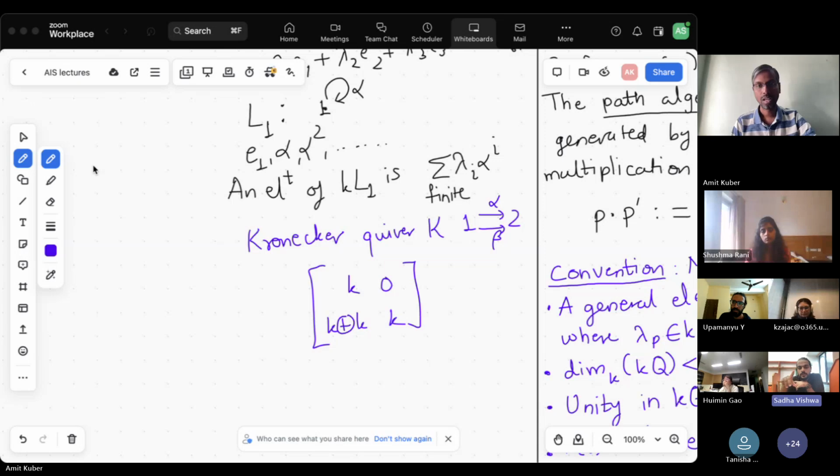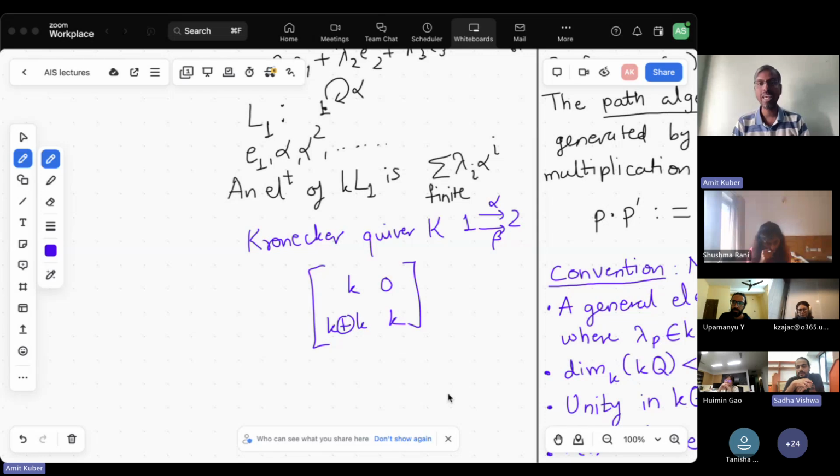So the main advantage of writing in the matrix notation is to concatenate or compose the elements in the path algebras, right? And how do I compose block matrices of the Kronecker quiver type? Maybe now there is nothing to compose.